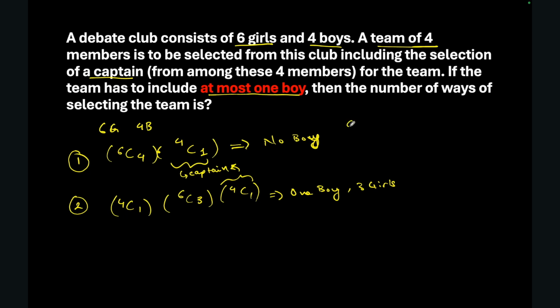Wait, so we have 6 times 5 times 4, divided by 2, so this is 60, and this will be 320. So in total we have 380 selections.